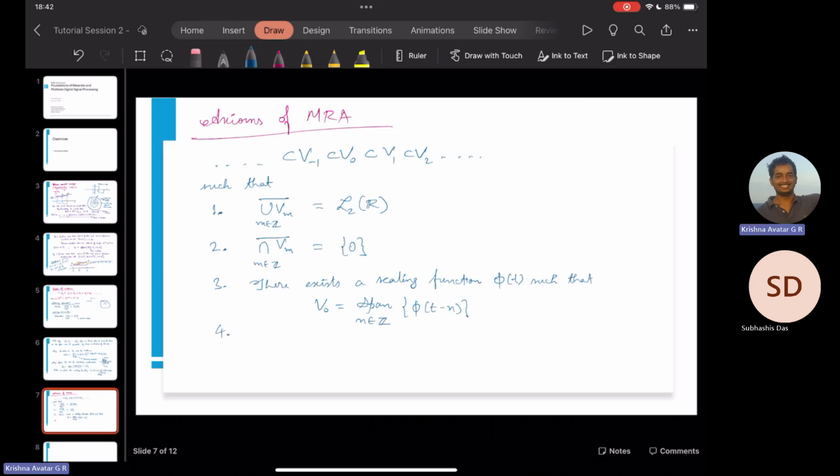And the fourth axiom was that phi(t minus n), where n is an integer, is an orthogonal set.